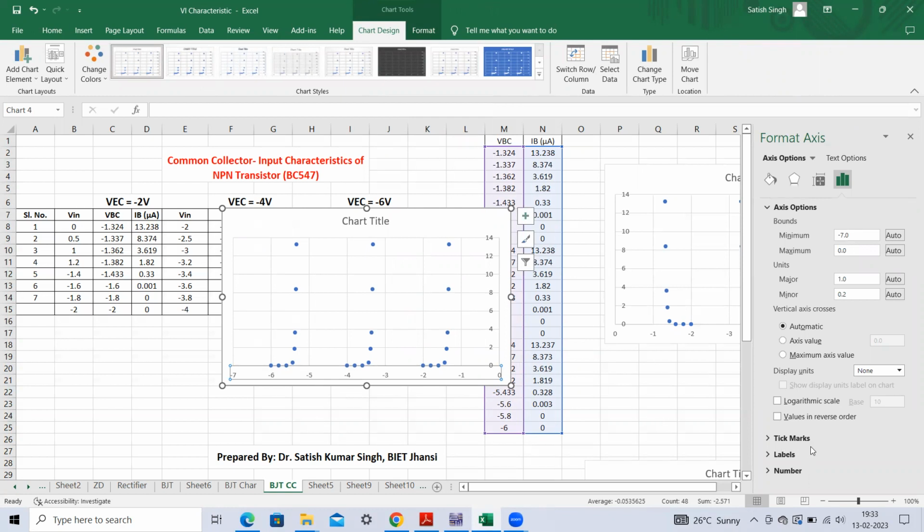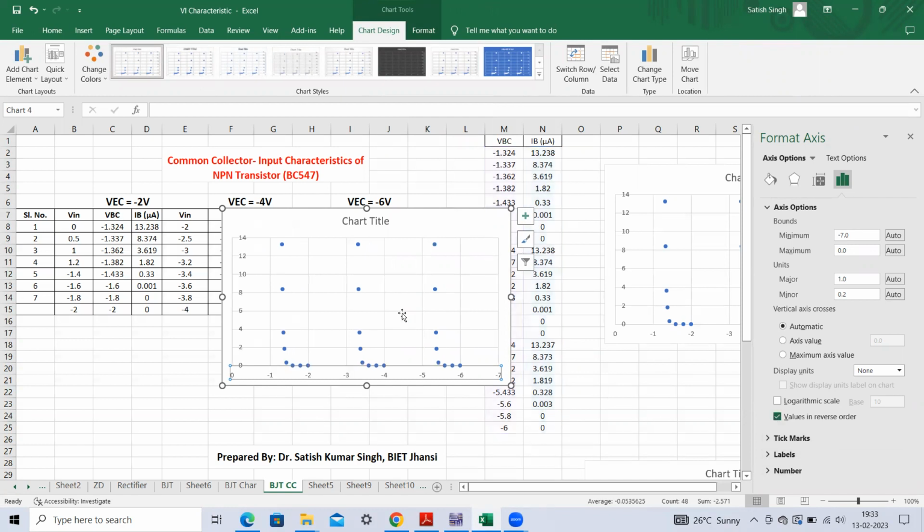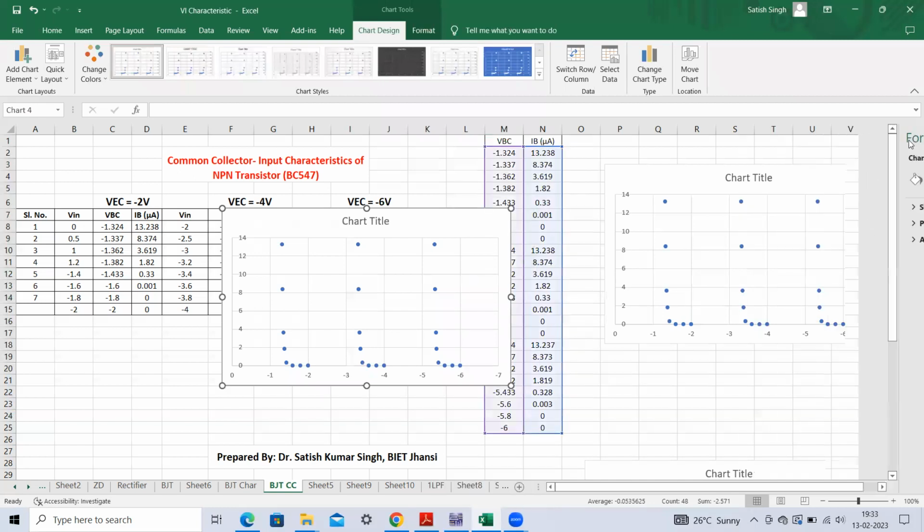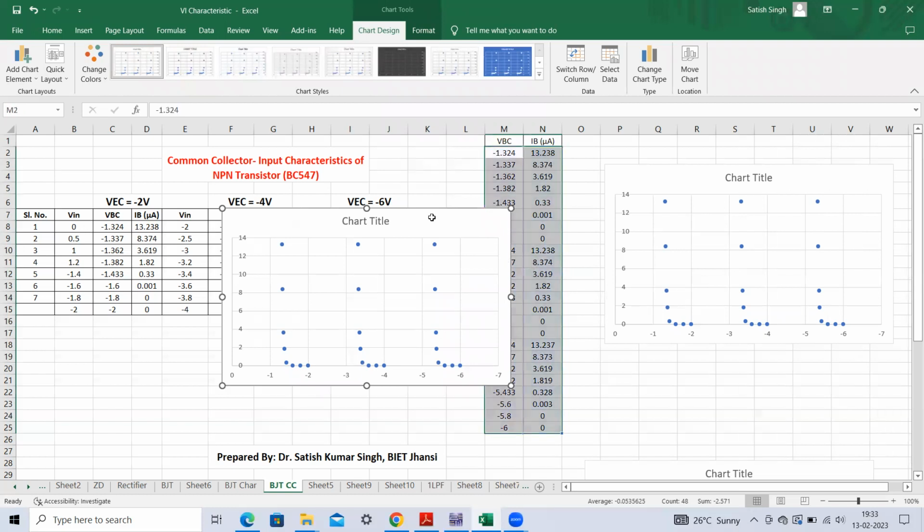If you reverse the scale, you will be able to get this type of curve. So this graph you can obtain.